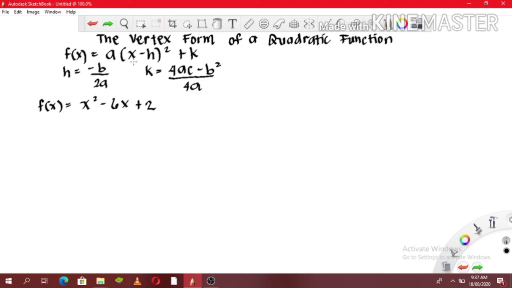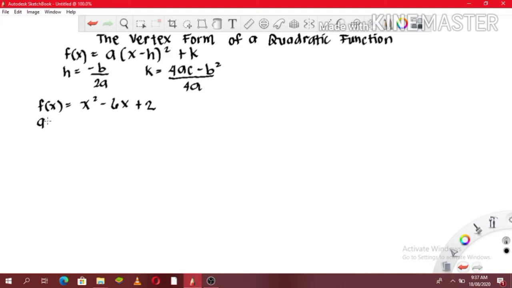So, for us to do that, let's solve for h and k by following the given formulas here. Good thing na itong ating quadratic function ay nakasulat na sa general form, which is f of x is equal to ax squared plus bx plus c. So, madali na lang po natin ma-identify ang a, b, and c since kailangan natin sila sa ating formula. So, let us identify them.